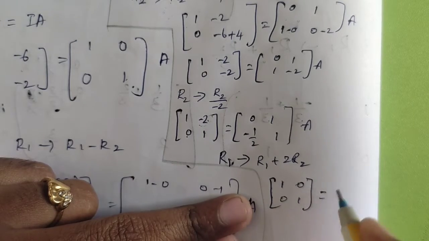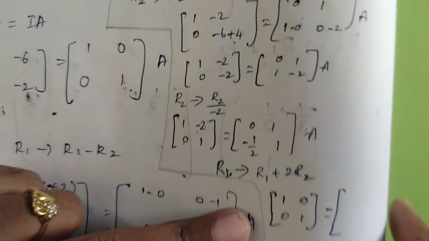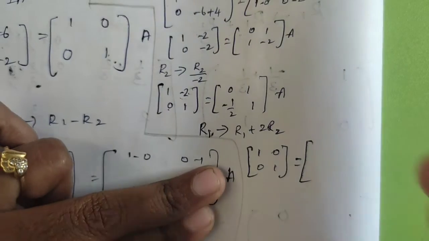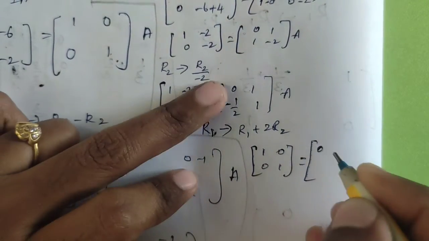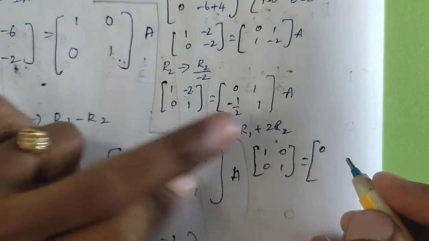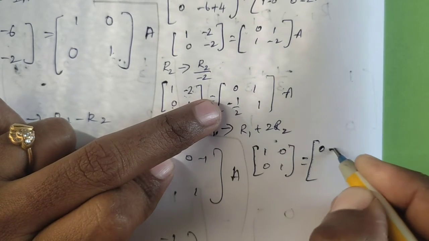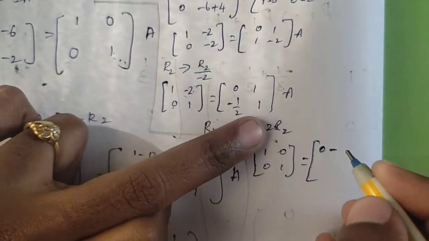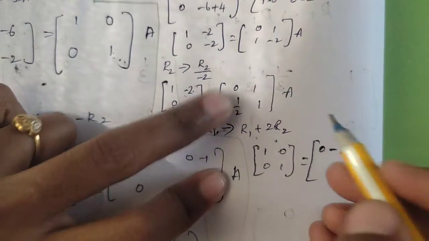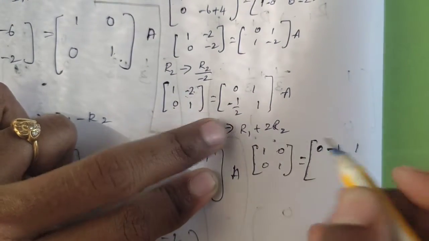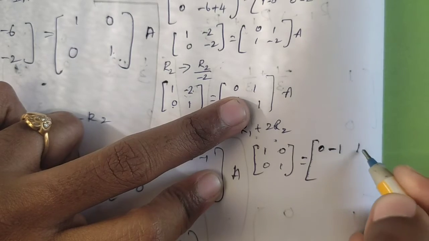What happens to our RHS side? That is what our inverse matrix is. So 0 plus 2 into R2, plus here we have minus 1 by 2 into 2, 1. Next, 1 plus 2 into R2, so plus 2.